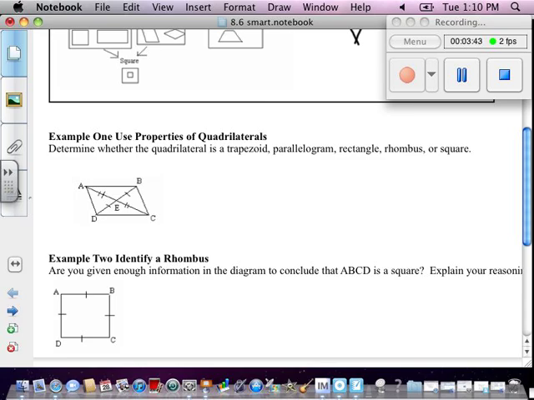Now, if I'm looking backwards, I can pretty much tell it's not a square because it doesn't tell me that my outsides are congruent to each other. And it doesn't tell me it's got 90-degree angles. So I know it can't be a square, rectangle, or rhombus. It does show that the diagonals bisect each other. So what can it be? Parallelogram.